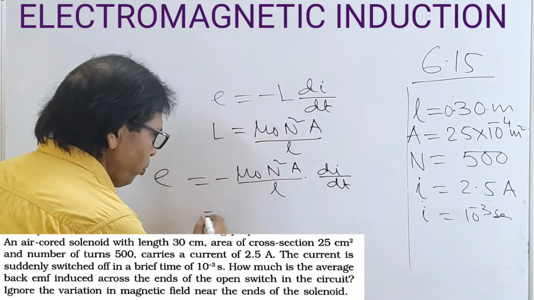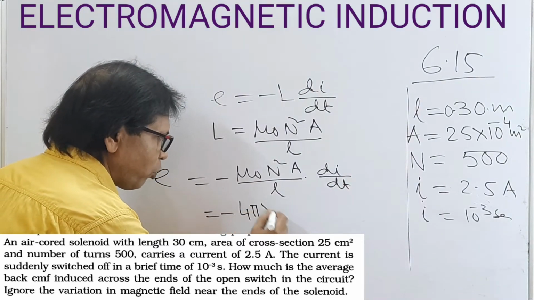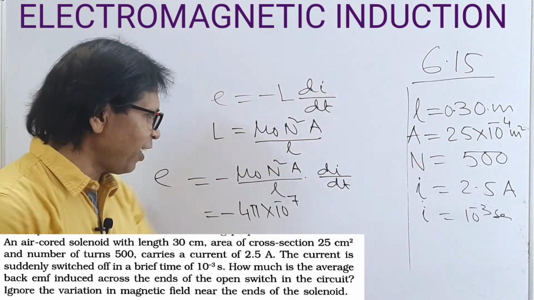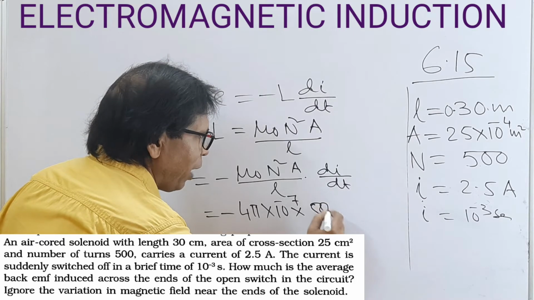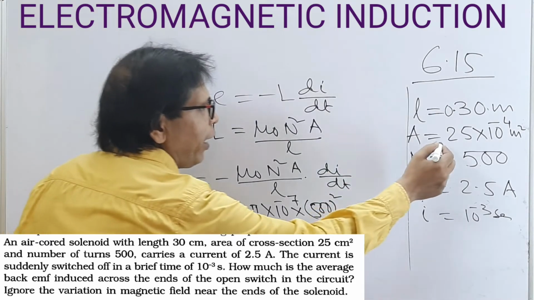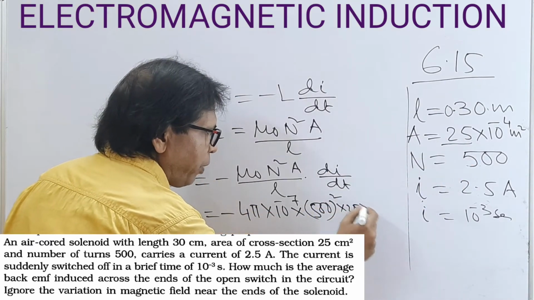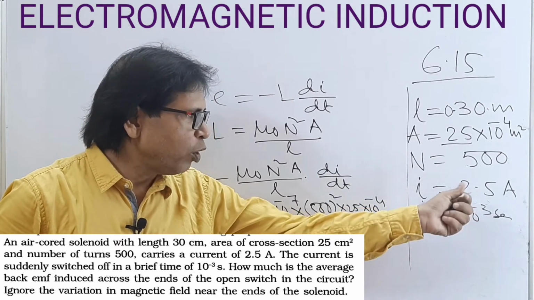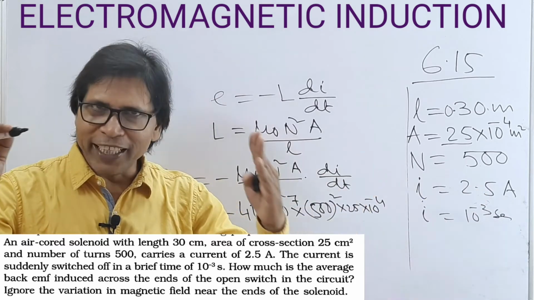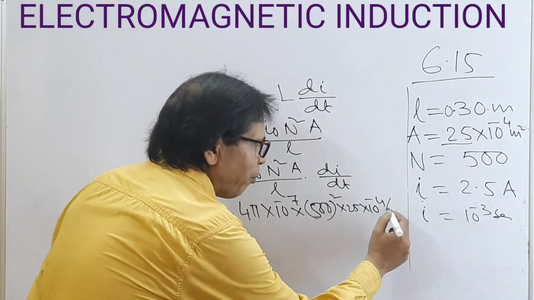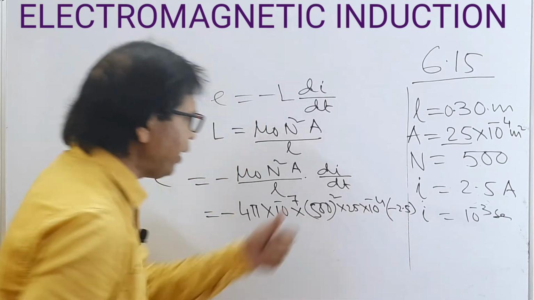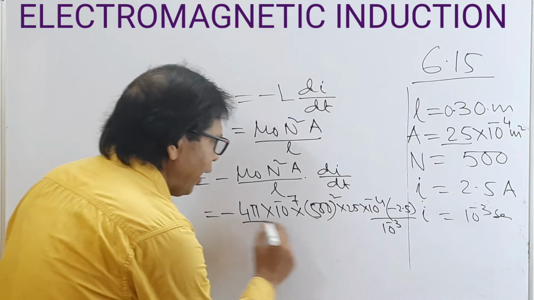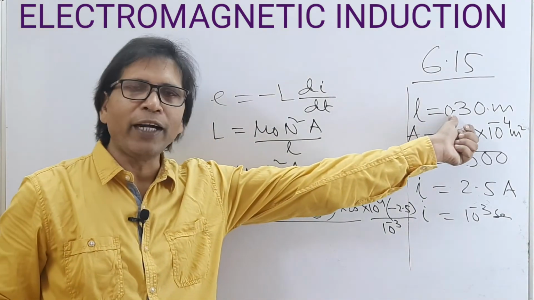Mu naught is 4 pi into 10 to the power minus 7. N is 500 turns. So this is 500 square. Now A is 25 into 10 to the power minus 4. Now current changes from 2.5 to 0. So di is negative, so this is minus 2.5, and dt equals 10 to the power minus 3, and length of the solenoid is 0.3 meter.